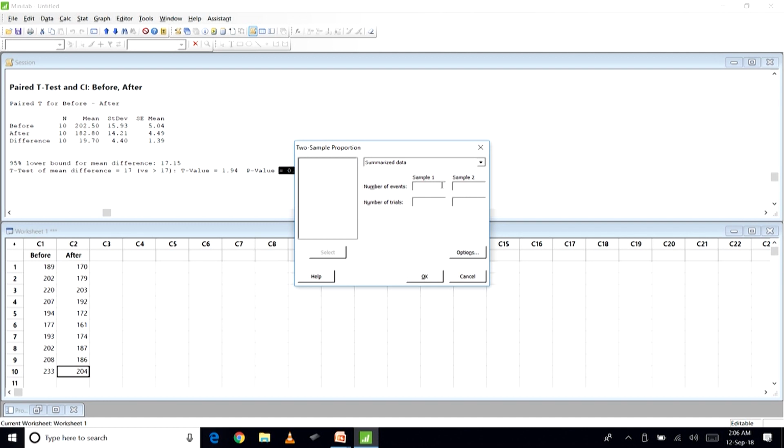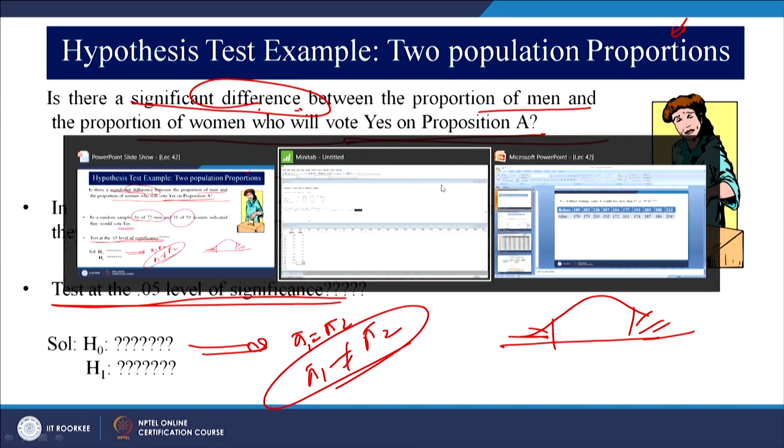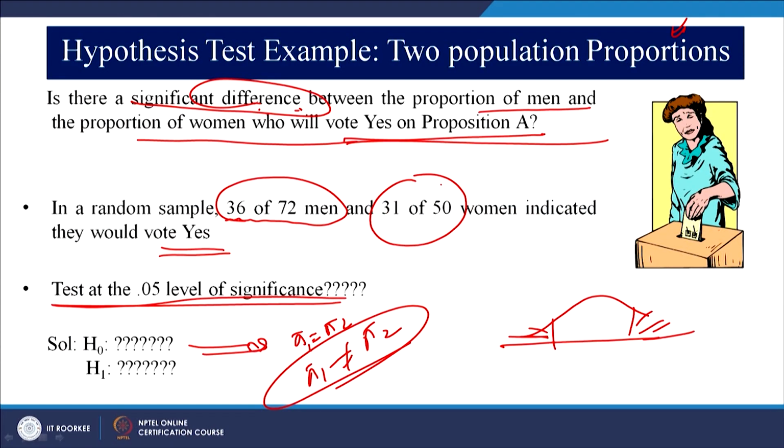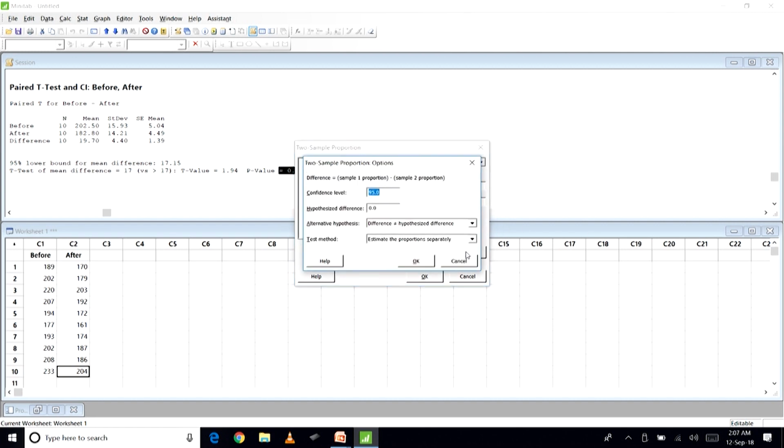So, for sample 1, it is 36 events and 72 trials. Similarly, for sample 2, we have got 31 and 50. Right. Options, we will go to options.